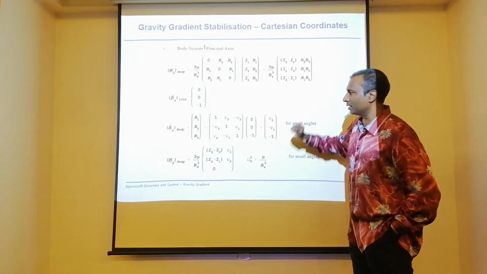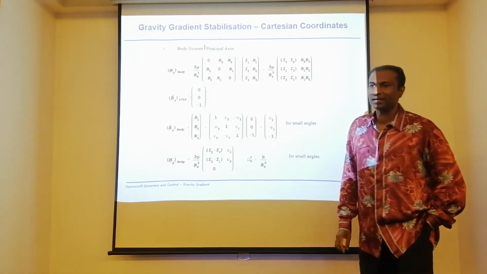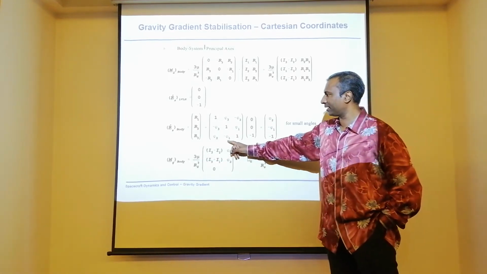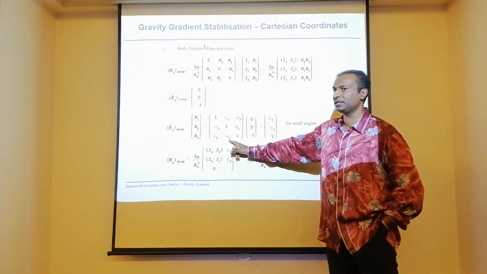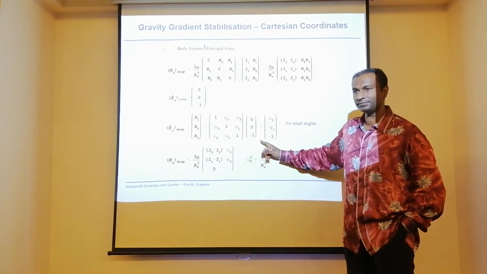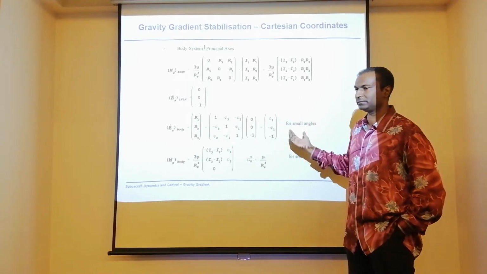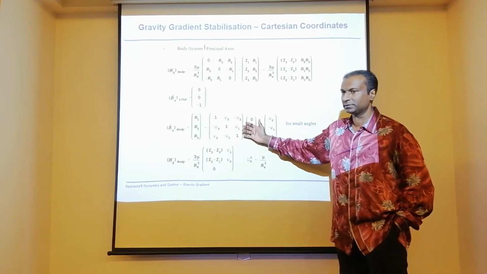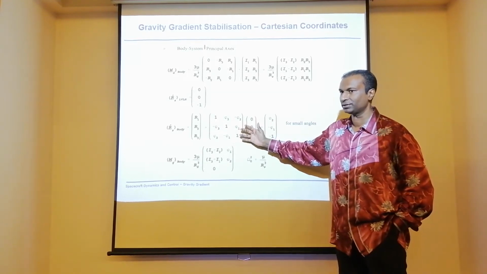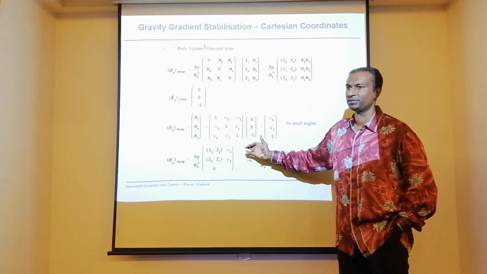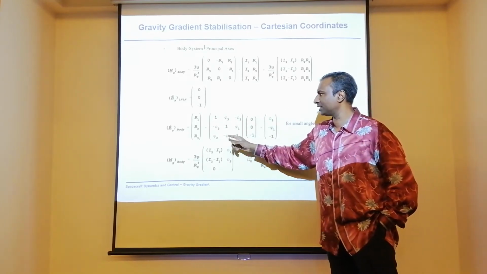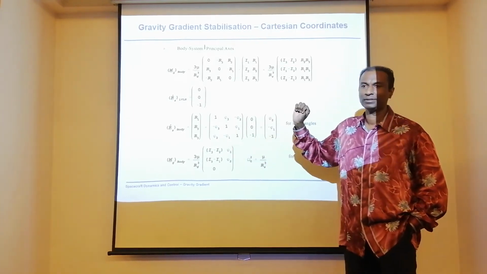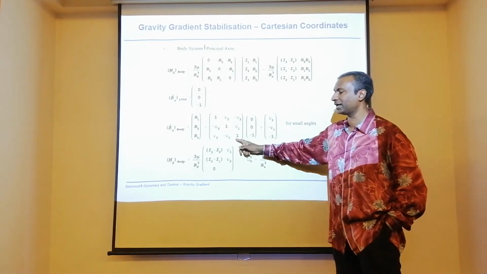We have gone through a linearized equation of motion earlier as an exercise, and we know how to transform a particular vector, let's say a 3 by 1 vector, from the local vertical, local horizontal system to a body system. This is the matrix we have already found and used to develop our Euler equation of motion, so I will evoke that equation again.